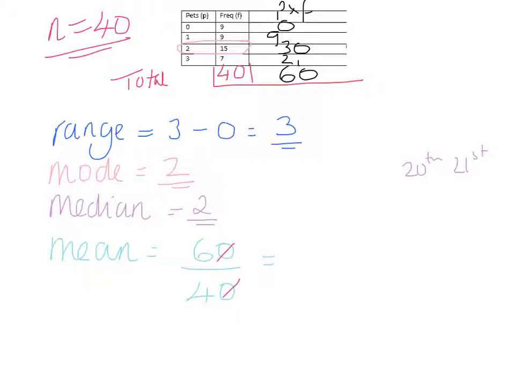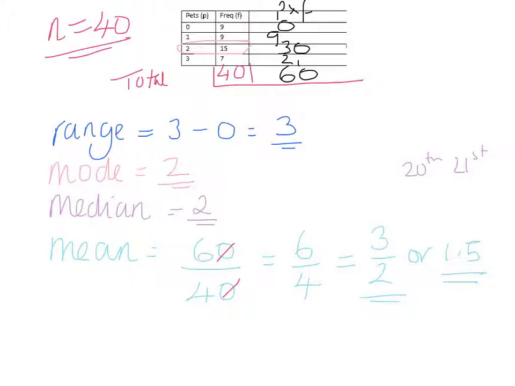Yes, I can. So first of all, I could simplify it to 6 over 4. I can simplify it again because they're both in the 2 times table. So it would be 3 over 2 or 1.5. So the mean is 1.5. And that's me got all the information I've got.